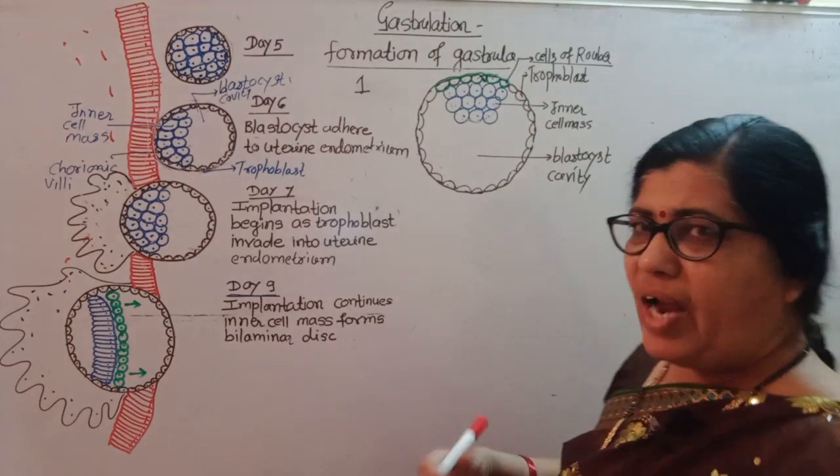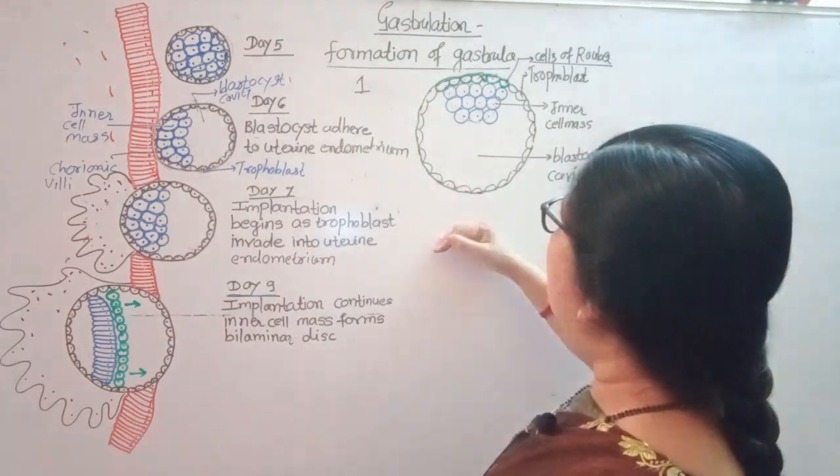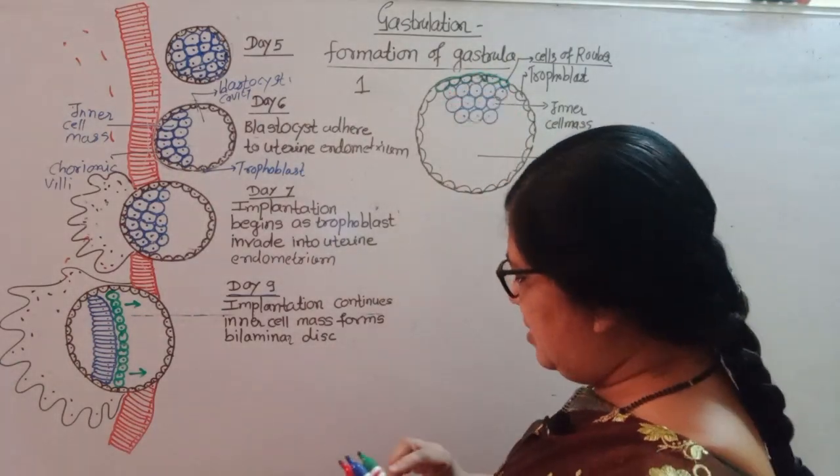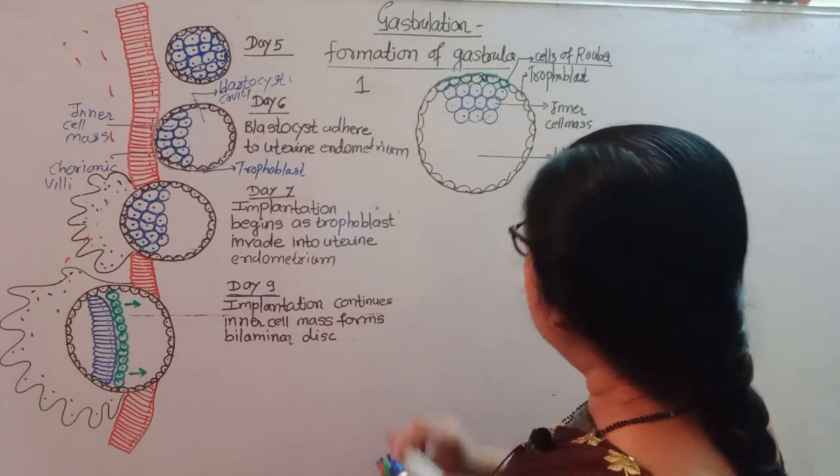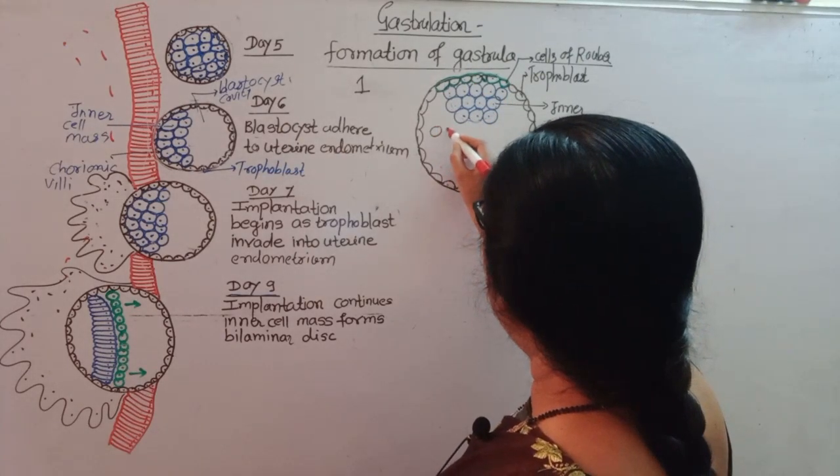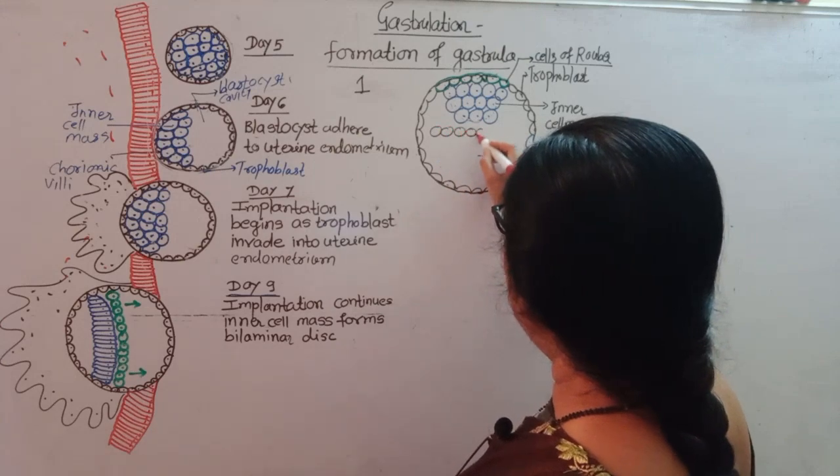These cells become flattened and differentiate from the inner cell mass, and they form a layer below the inner cell mass.